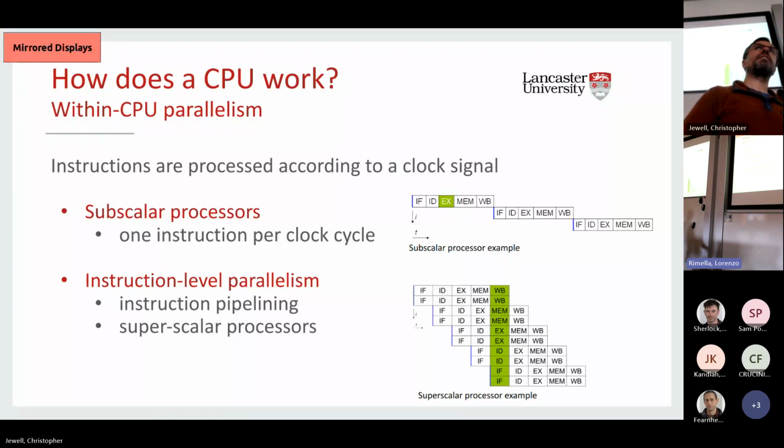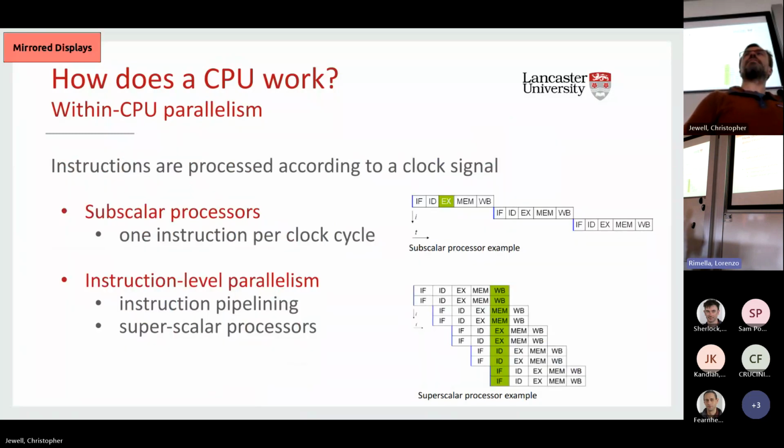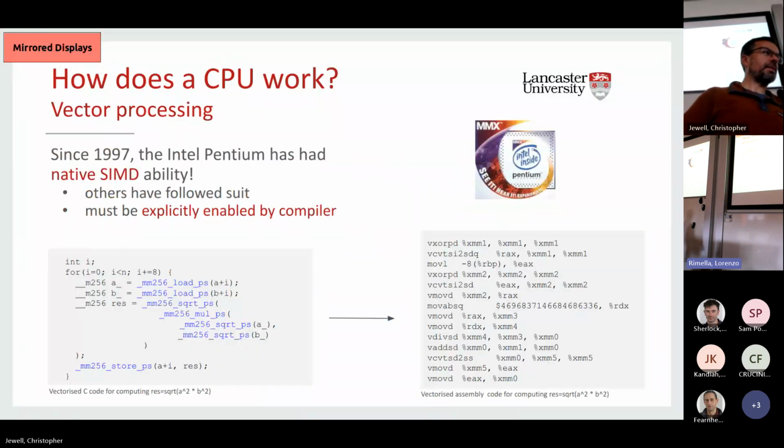Okay. So again, we don't have to think about this on a daily basis. You might want to think about it if you're an extremely low level, engineering level programmer, or a hacker trying to do Spectre and all that kind of stuff. Okay. So, vector processing.